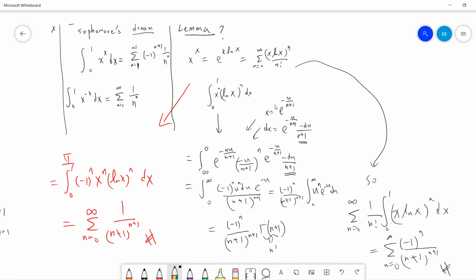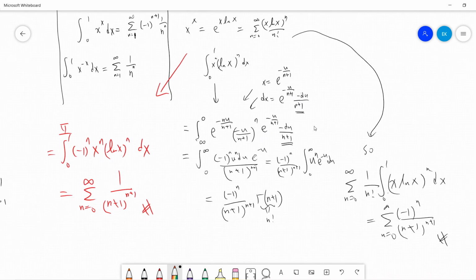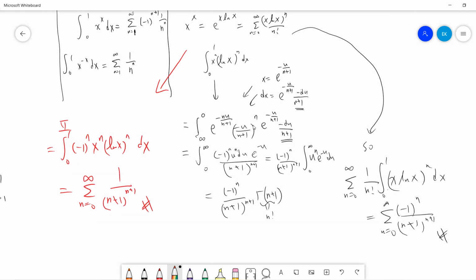This is your x^n, and log x, when you take the log, gives you the exponent to the power n, and you put dx in. Amazingly, after a little bit of algebra, you get minus n divided by n plus 1, to the power n plus 1, times the integral from 0 to infinity of u^n exponential of minus u du.